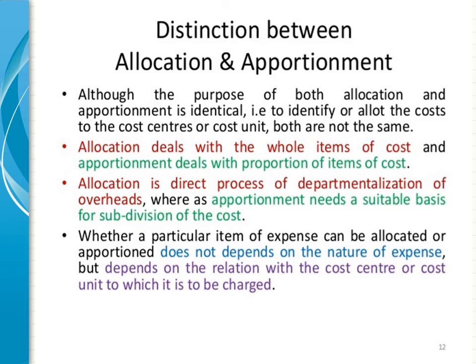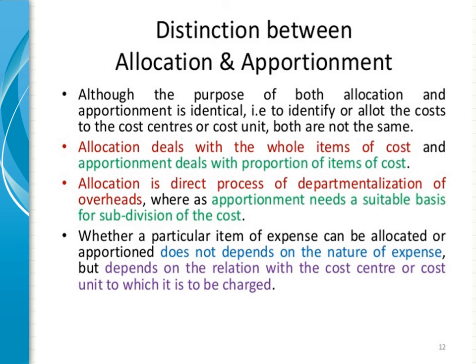When you are allocating, you are doing the total allocation of overheads to the cost center. Here in apportionment, you are identifying the overheads of each department separately on some equitable basis. In allocation, the cost is allocated directly. In apportionment, the costs are distributed on some proportionate basis.